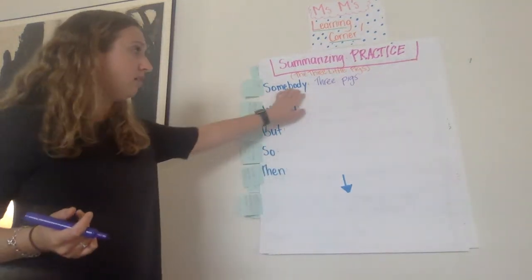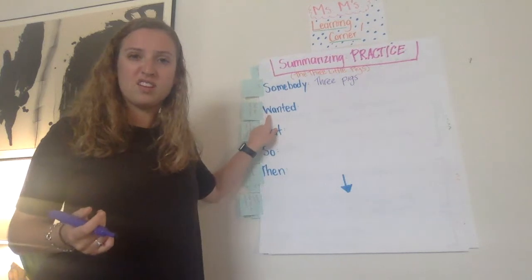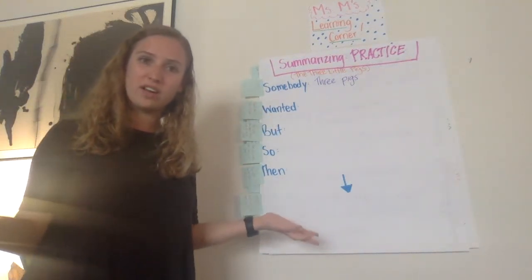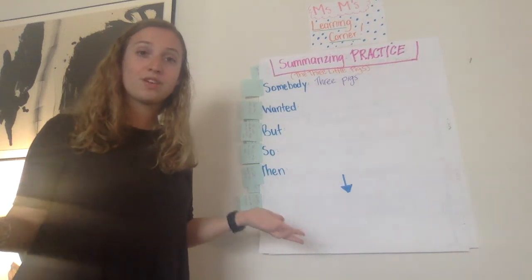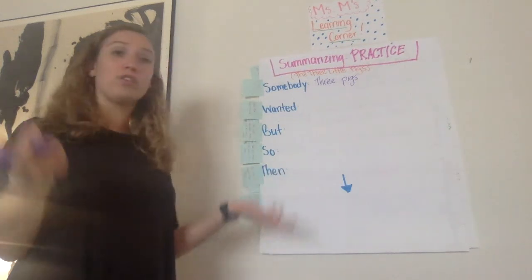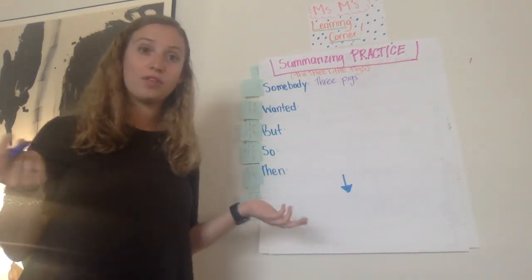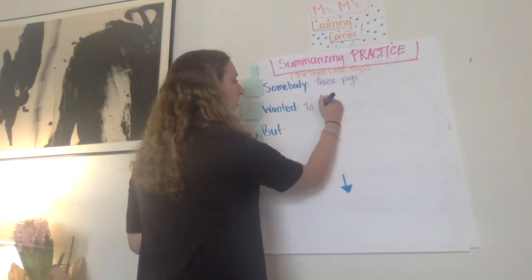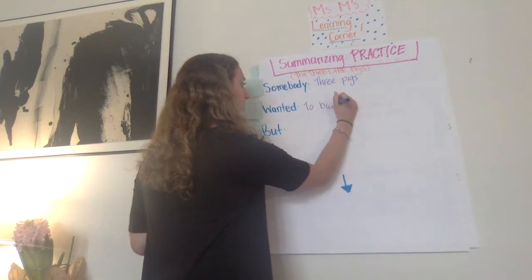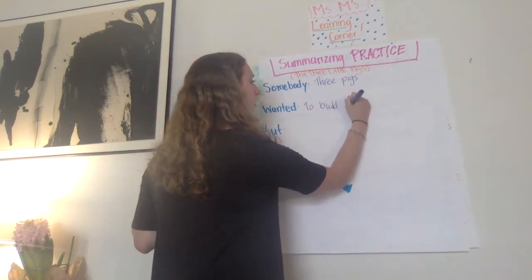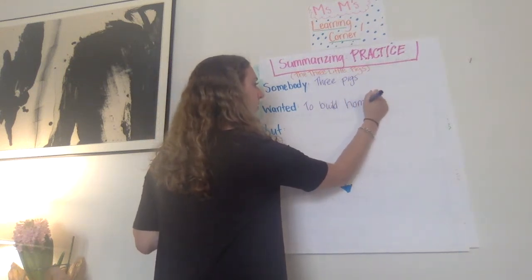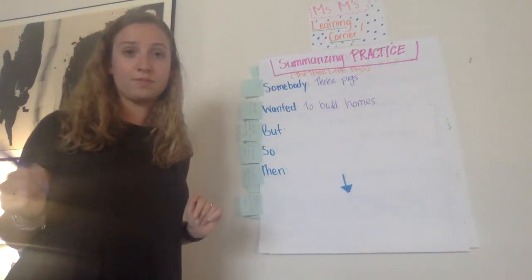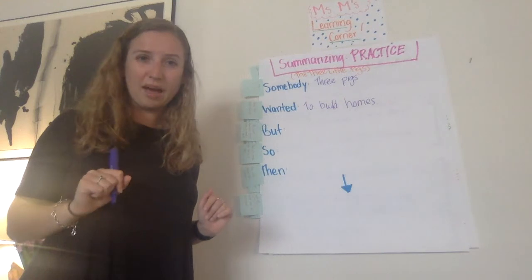So we have somebody, the 3 pigs, wanted something. What did the 3 pigs want in that story? Right, they wanted to build their own homes. Okay, so they wanted to build homes.